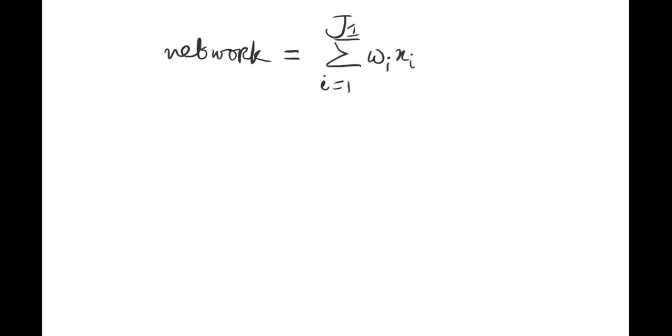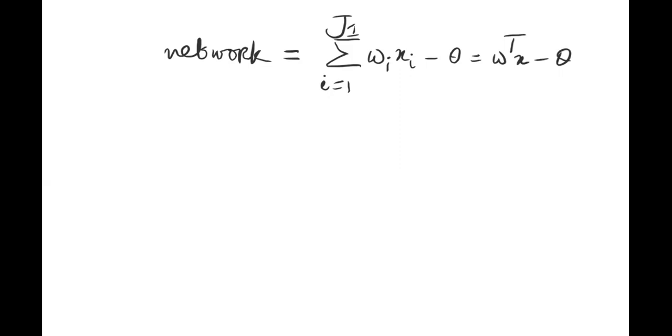Let me create a new slide. Basically what you just saw here is your network. Let me sketch these out first. J1 is the total number of inputs. The network is the sum of W of I, X of I, minus theta, which is your bias, or weight transposed, X minus theta.